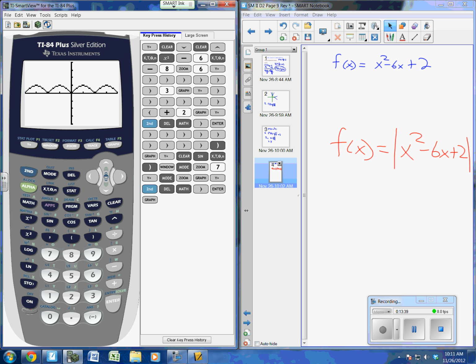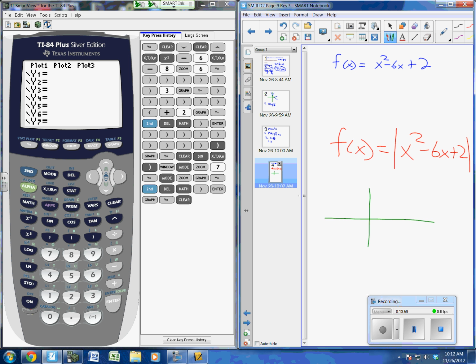Okay? You put the whole thing in there, the sine of x, inside the absolute value. Okay, you guys, now, guess what? I am not going to give you the equation. This is what it's going to look like on your test. It'll give you a graph and say, given this function right here, what would the absolute value of that function look like?